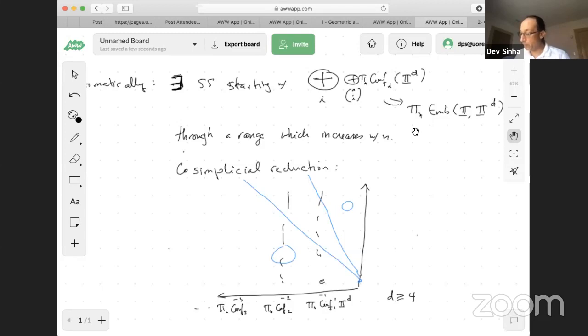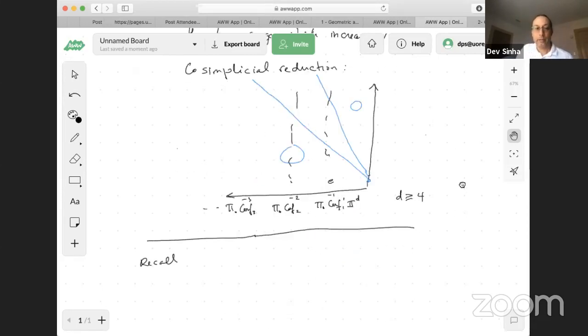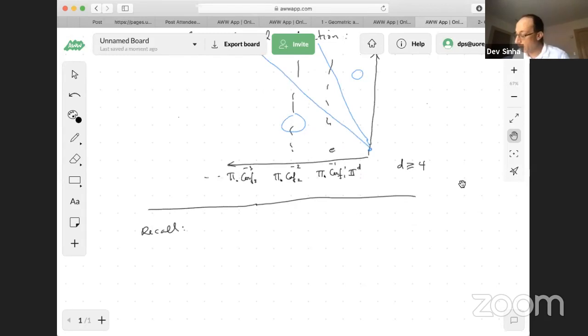Let's recall that if I take the free abelian group on a space, my favorite model for Eilenberg-Mac Lane spaces are the free abelian groups on spheres, and the homotopy of that is isomorphic to the homology of the original space.